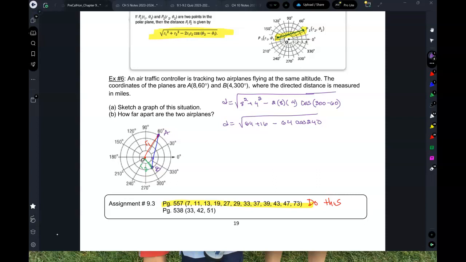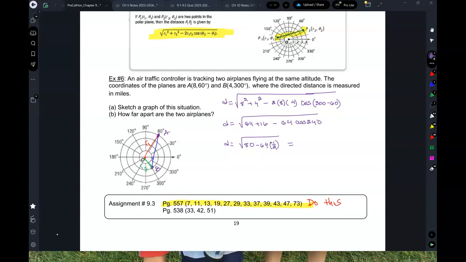So then what I have here, you can plug this into your calculator, but also 64 plus 16 is 80, minus 64. What's cosine of 240? It's a half. So this could also be done without a calculator, okay? But it's negative, right?